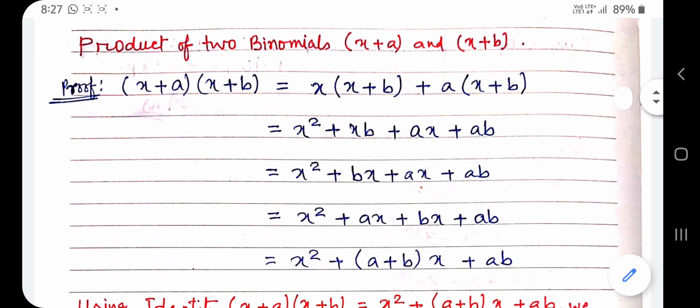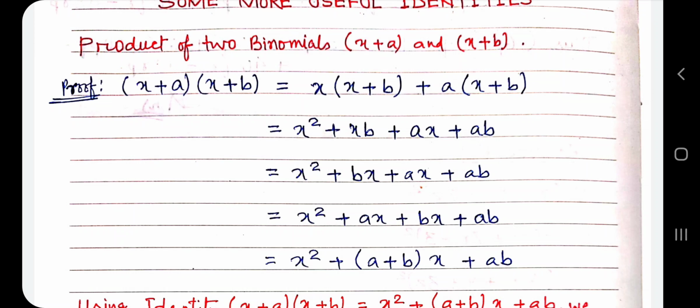Yes, you remember it. x plus a into x plus b is equal to x into x plus b. The first term of the first polynomial is multiplied with the second polynomial. Then again, the second term of the first polynomial is multiplied with the second polynomial x plus b.